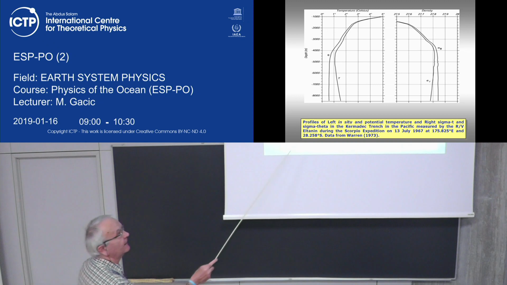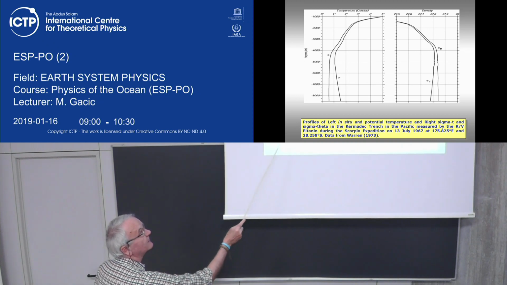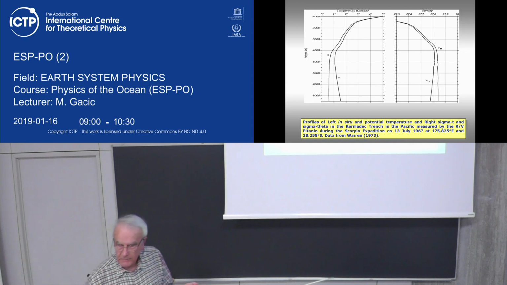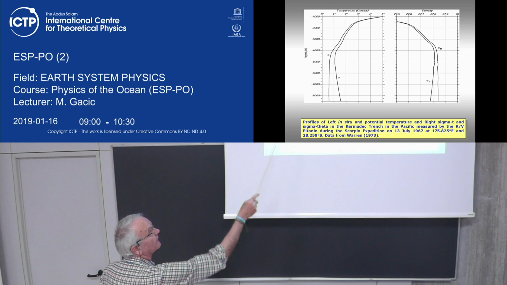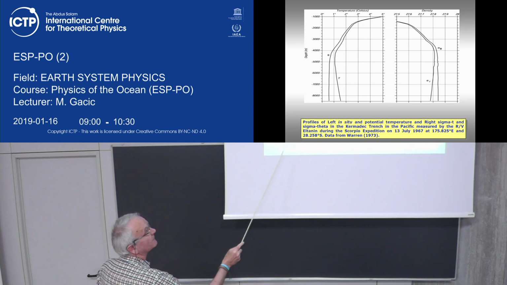You would obtain that here the density is lower than the density here. But what would that mean? That would mean that the water column is unstable. And a water column cannot be unstable. You have immediate vertical mixing. So that's why we introduce the potential temperature, and we do this correction for the atmospheric pressure.